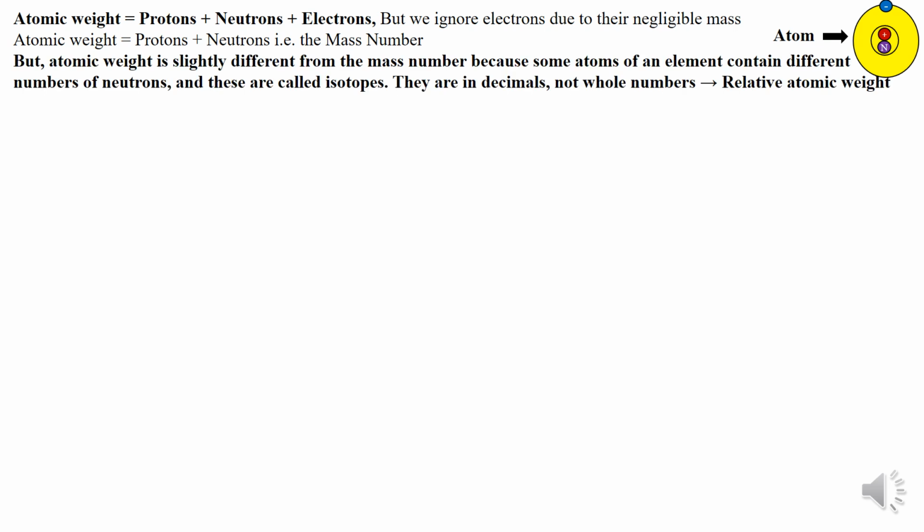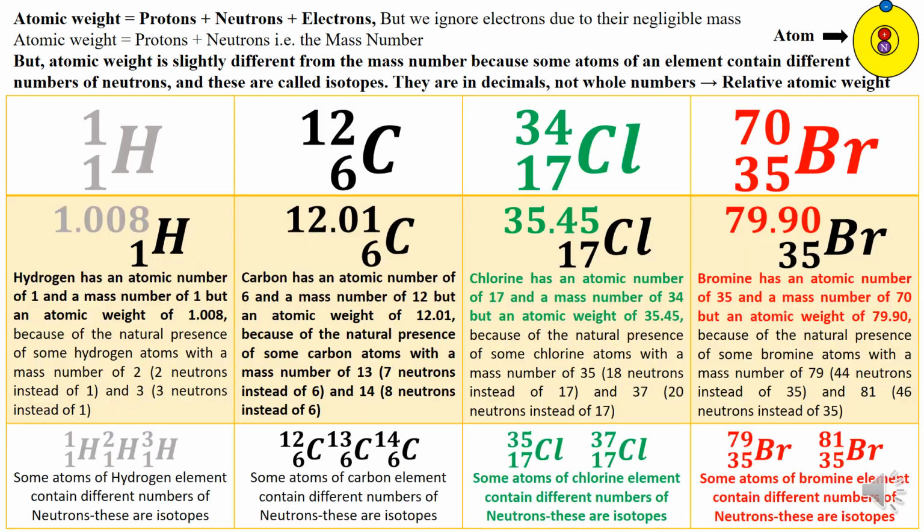So atomic weight and mass number are two different terms. Atomic weight is slightly different from mass number because some atoms of an element contain different numbers of neutrons. These are called isotopes. They are in decimals, not whole numbers. And that gives the relative atomic weight. So the decimal values that you find in the periodic table are the relative atomic weight.